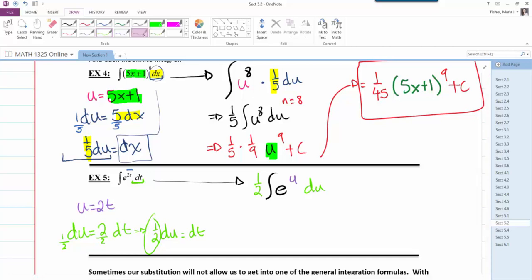Well, I know how to integrate this because the integral of e to the u is my favorite. The integral of e to the u is e to the u plus c. Last and final step is to get rid of the u and put the variable back in. So in this case, I'm looking at 1/2 e to the 2t plus c.